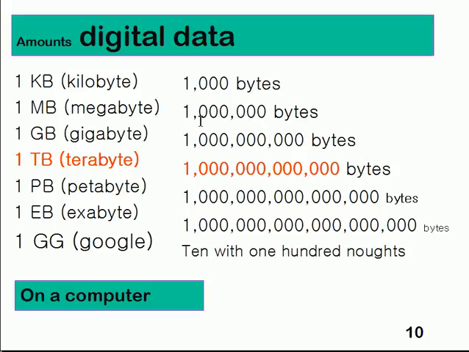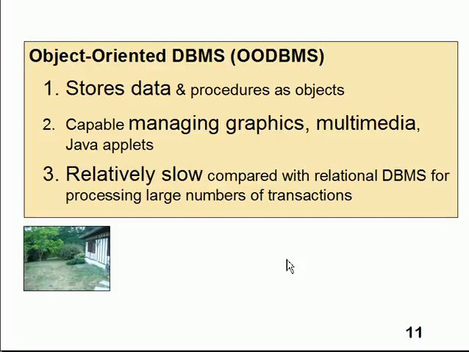This was just comparing amounts of digital data on a computer and putting into context what a Google was. 10 with 100 noughts.